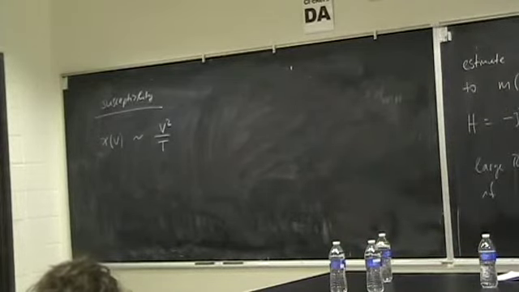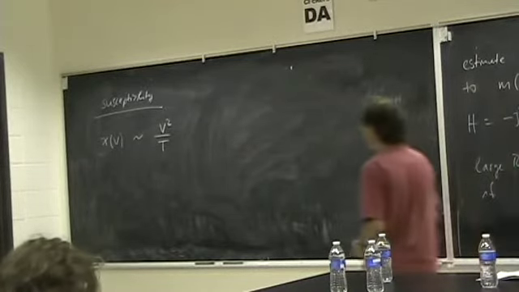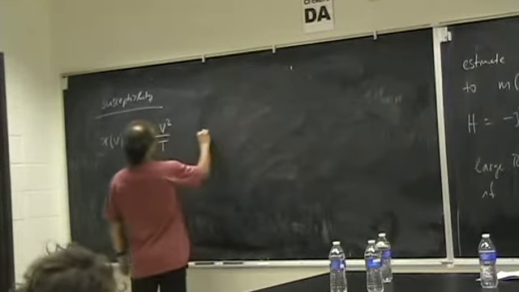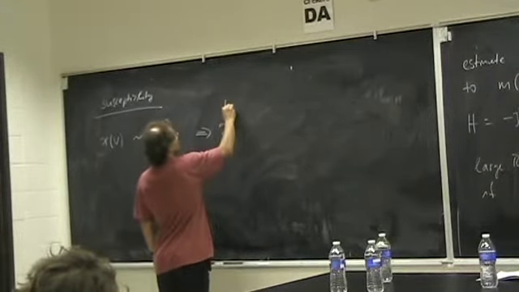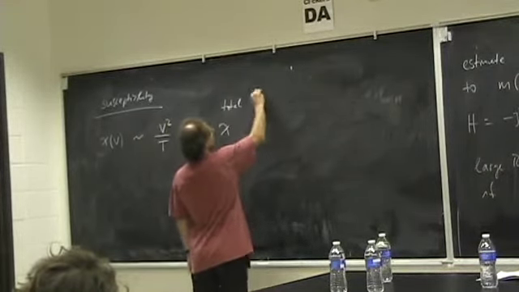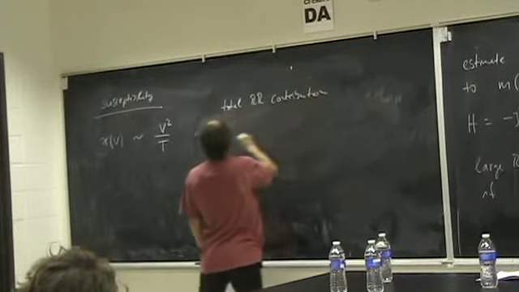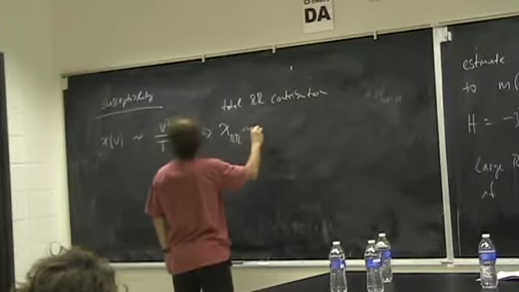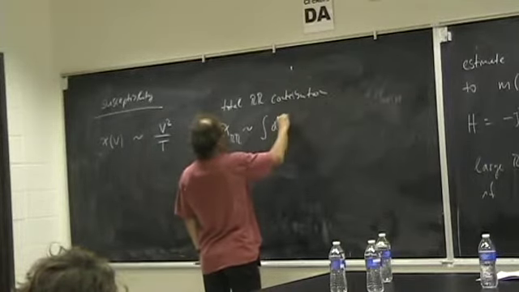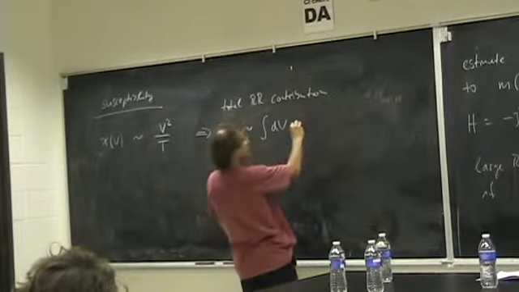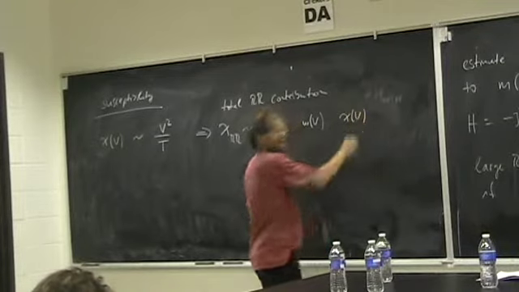Now, if you want the total region contribution coming from all those regions, that's the total region contribution chi R, which is proportional to the integral dV W of V and chi of V.